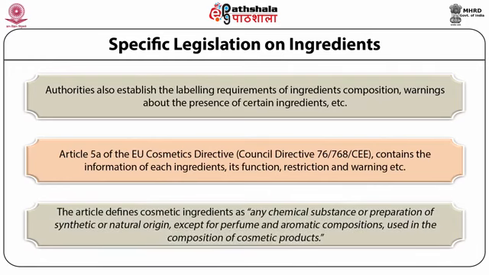The article defines a cosmetic ingredient as any chemical substance or preparation of synthetic or natural origin, except for perfume and aromatic composition, used in the composition of cosmetic products. Any impurity present is not considered as an ingredient.